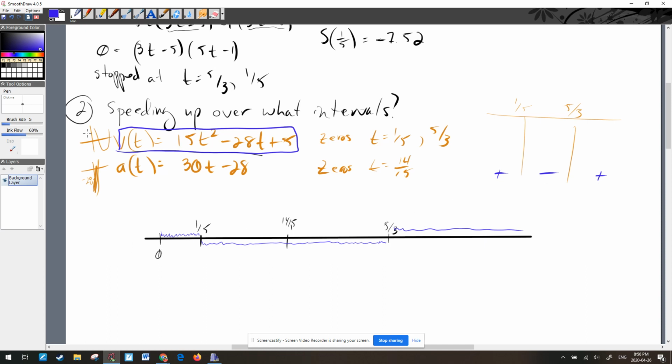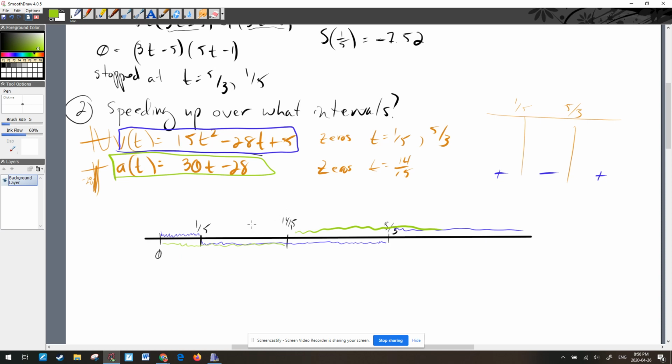And then A at t, let's get a different color. So this one, here it is. And I know that it is negative, right? It's negative up until that value. So here it is. It stays underneath, and then it hops above and goes this direction. So where is something speeding up?